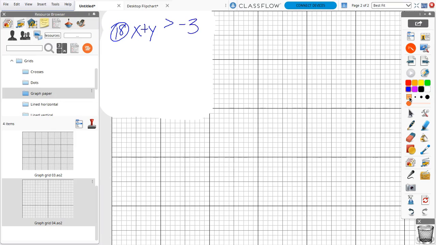And what's the other one? And that's it? Okay. So the bottom one this time is good. I just need to move what on the top? Subtract that X. So we're going to have Y is greater than -X minus 3. And now we can graph it.